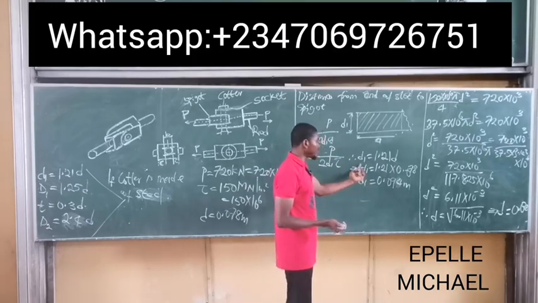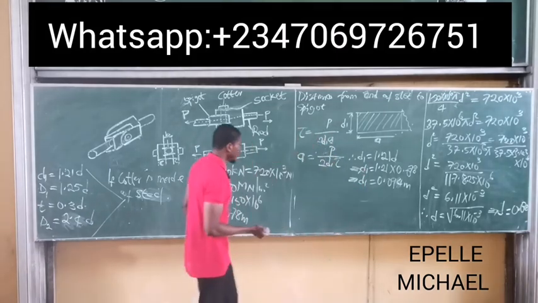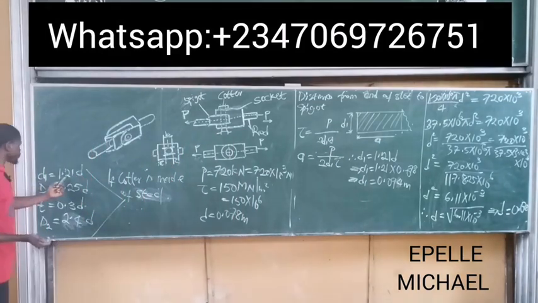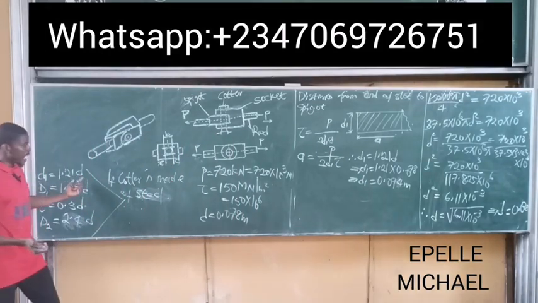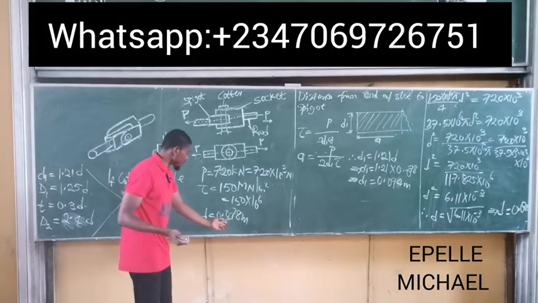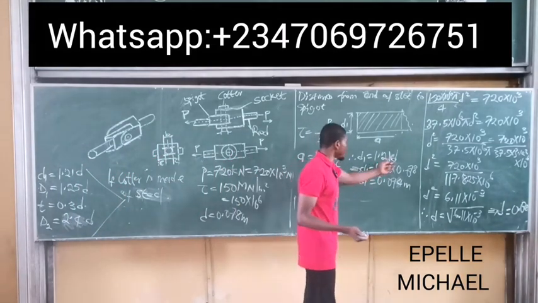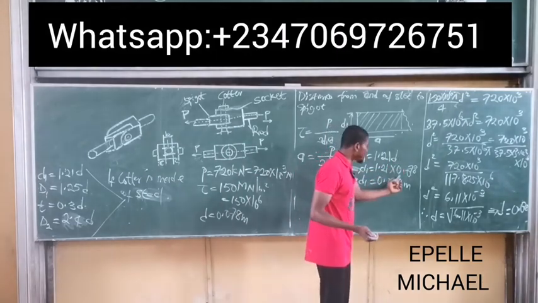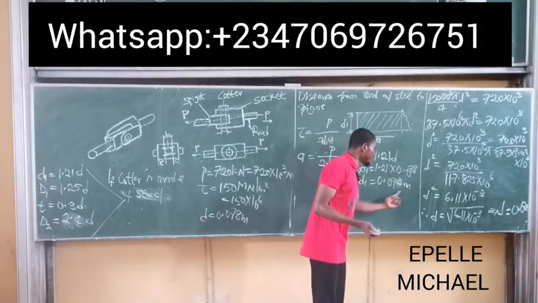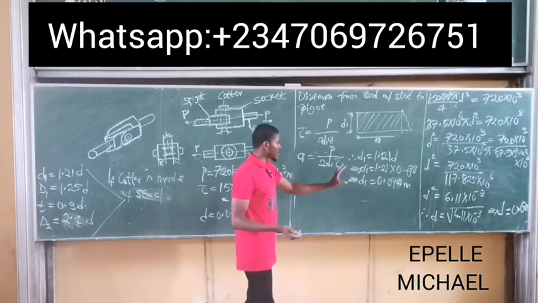I'm looking for D1 now. This is D1, and I said D1 numerically is 1.21 D, and we've obtained the value of D as 0.078. So simply multiply the two of them. D1 is 1.21 times 0.078, which gives 0.094. So this is now D1.